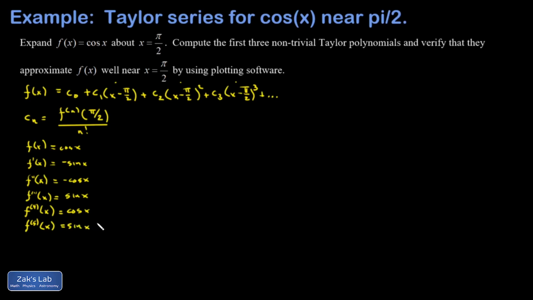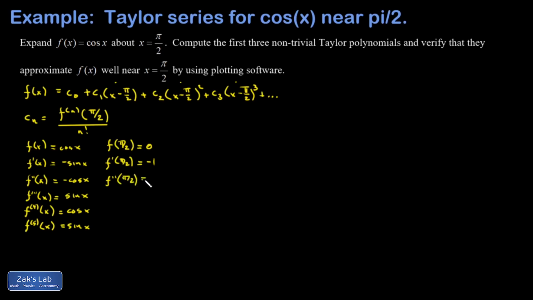All right, so there's f together with its first 5 derivatives, and then I evaluate them at pi over 2. Well, the cosine of pi over 2 is 0. The sine of pi over 2 is 1, so the second term is negative 1.